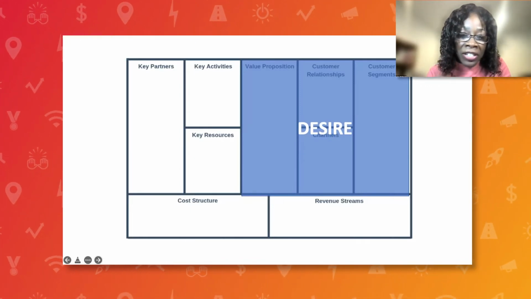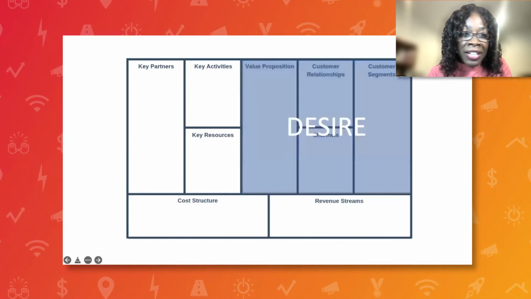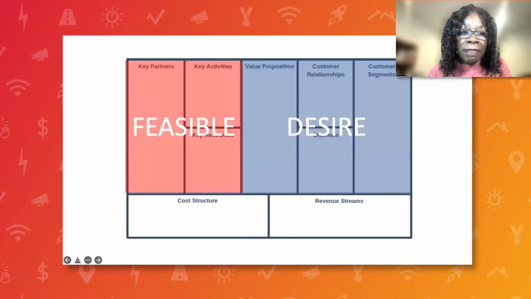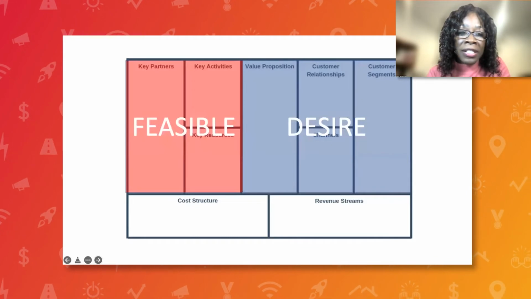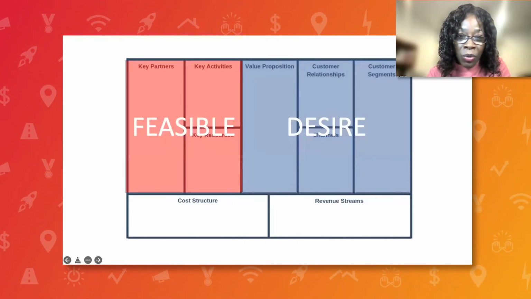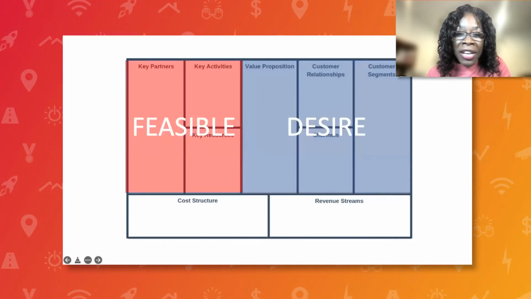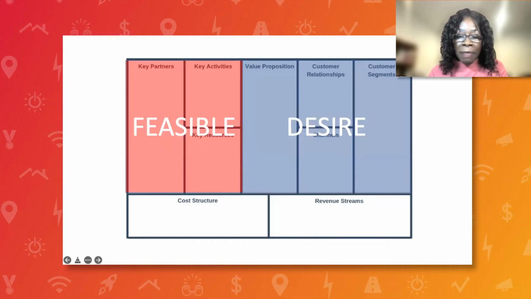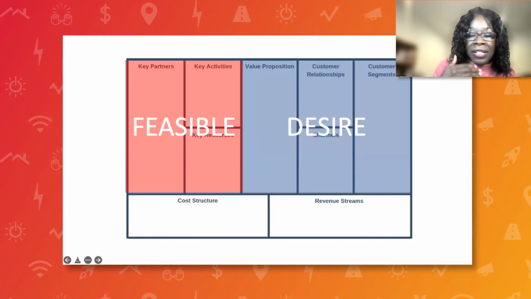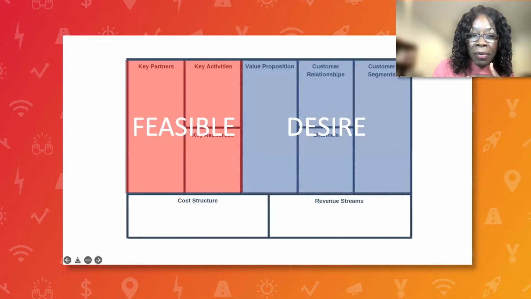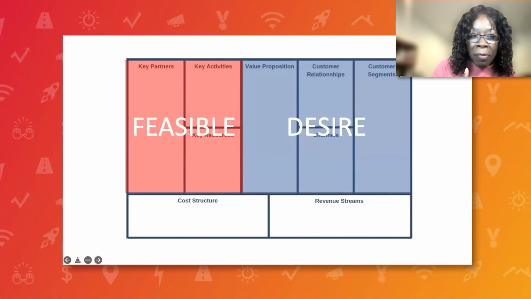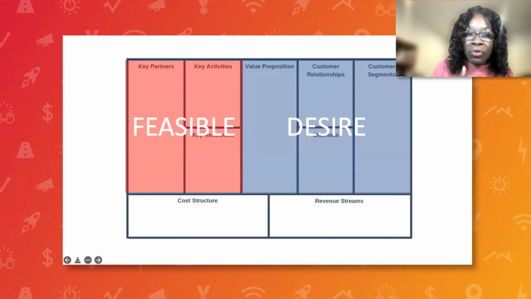You have to have desire. And then the next thing is, is your business feasible? And what I mean by feasible is, are you going to be able to make money? Are you going to be able to make profit? Are you going to be able to do it?